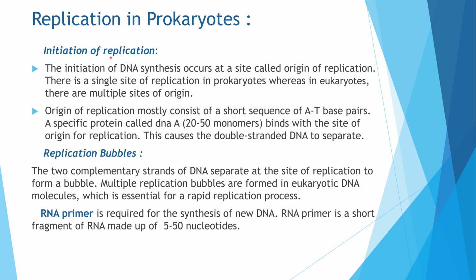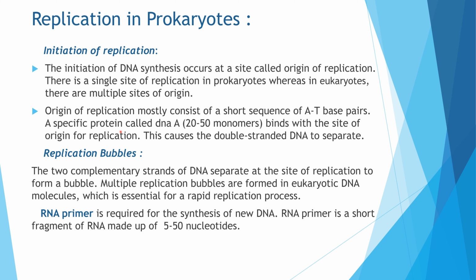Initiation of replication. The initiation of DNA synthesis occurs at a site called the origin of replication. There is a single site of replication in prokaryotes, whereas in eukaryotes there are multiple sites of origin. The origin of replication mostly consists of a short sequence of A-T base pairs.